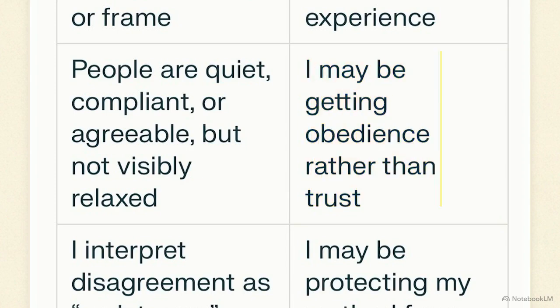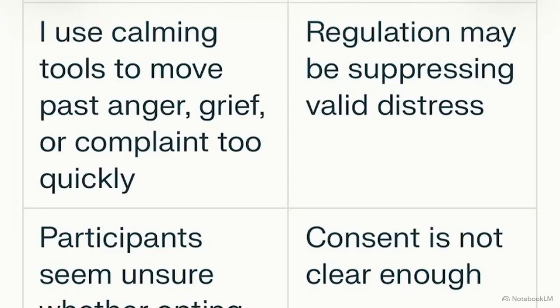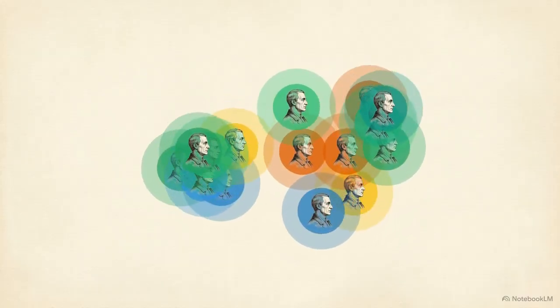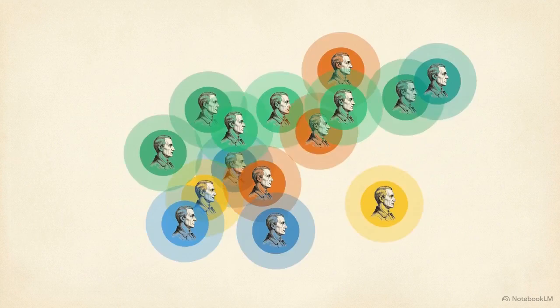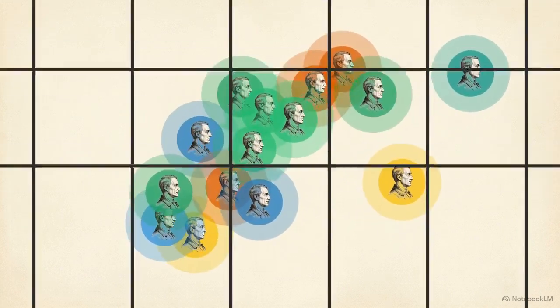This subsequent row in the matrix isolates an even deeper hazard: the tendency to use calming tools to suppress valid distress. A system cannot heal if its actual complaints regarding safety or material needs are ignored in favor of forced harmony. Without explicit, self-critical guardrails, a facilitator's natural drive for a smooth session degrades from state modulation into quiet authoritarian control.